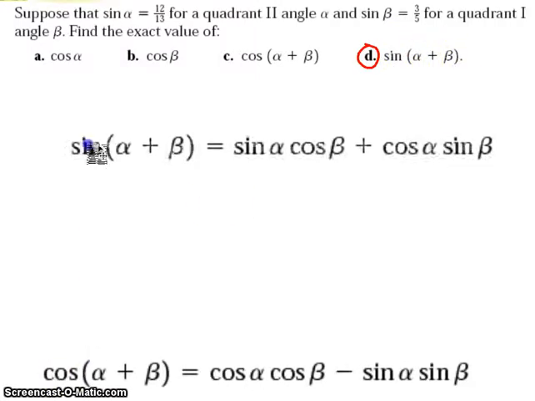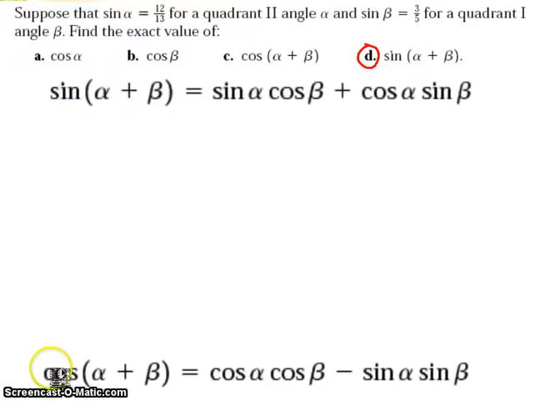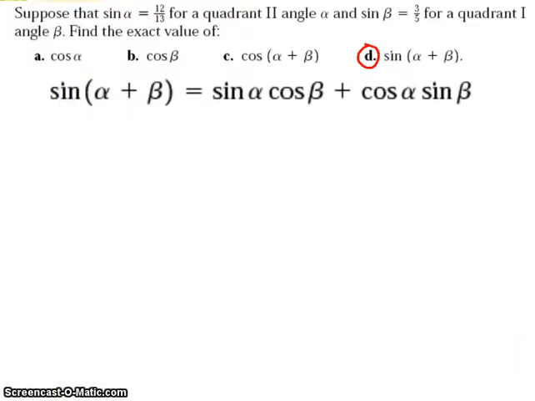And I have that definition right here. We don't have to worry about remembering it. And so basically, we have a couple of things given to us already. We have the sine of alpha, which is 12 over 13, and we have the sine of beta, which is 3 over 5.